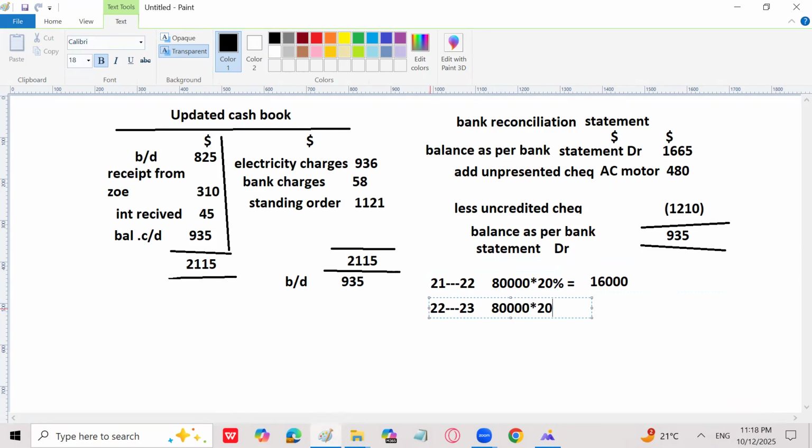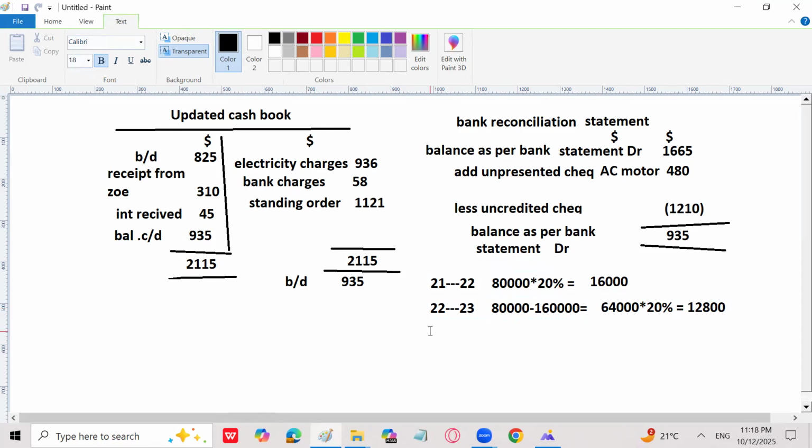No, because it's a reducing balance method, not the straight line method, no life is supposed to be taken into account. So 80,000 minus 16,000 is going to be 64,000 into 20%. So let me calculate it for you. 64,000 into 0.2. The answer is 12,800.